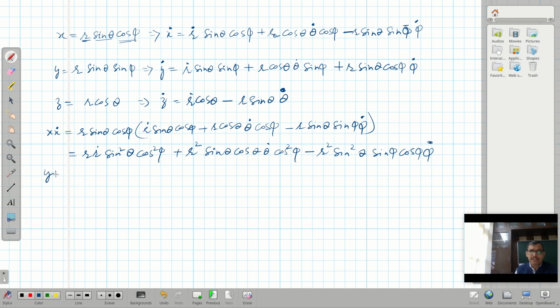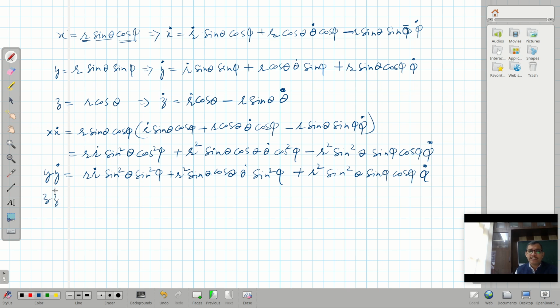Similarly we can calculate y dot, and I am just writing it directly: r dot sine square theta sine square phi, plus r square sine theta cos theta theta dot sine square phi, plus r square sine square theta sine phi cos phi phi dot.